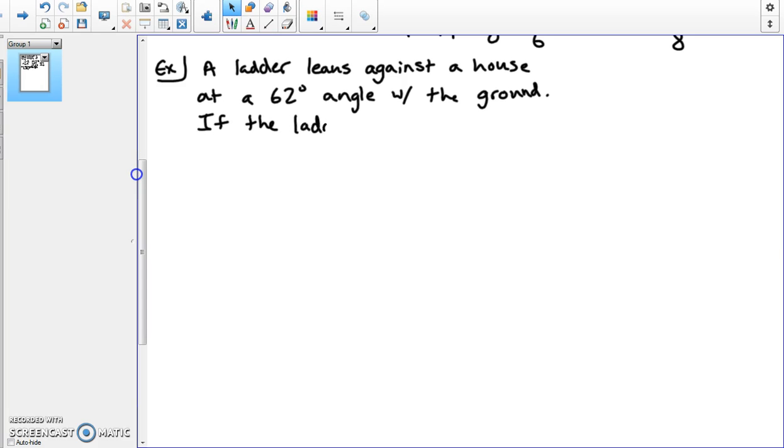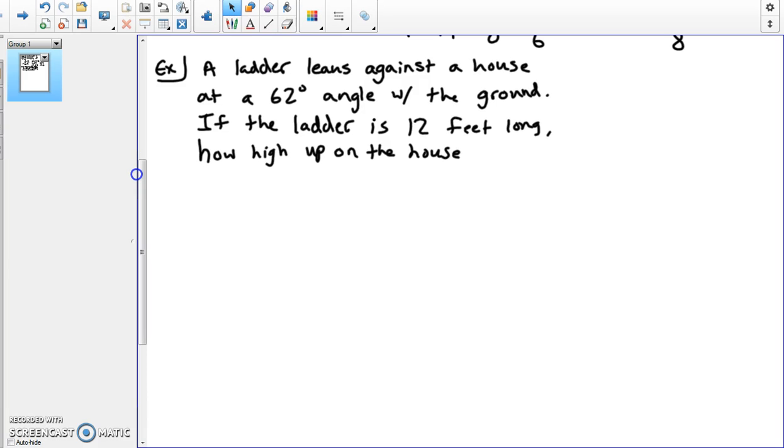If the ladder is 12 feet long, how high up on the house does it reach? Okay. Ladder leans against the house at a 62-degree angle with the ground. If the ladder is 12 feet long, how high up on the house does it reach?